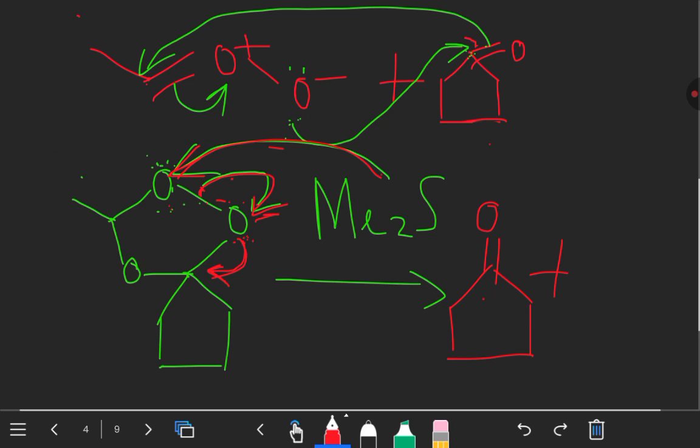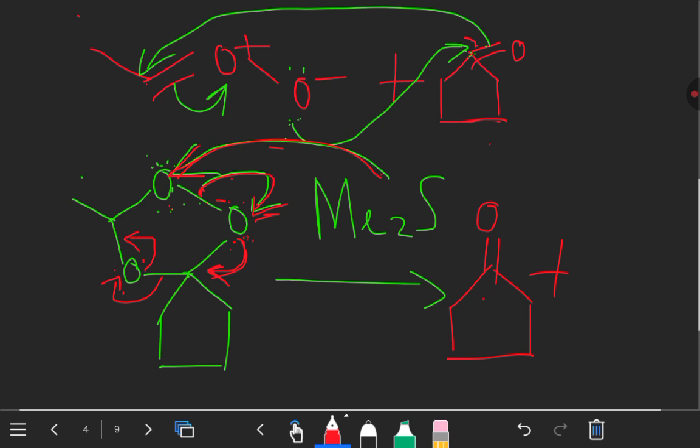So no wonder we're calling it cyclopentanone. So the other thing is that when this happens, this bond can also break, taking the electrons to that oxygen. Because this oxygen now has more electrons, the electrons can now form a double bond there.